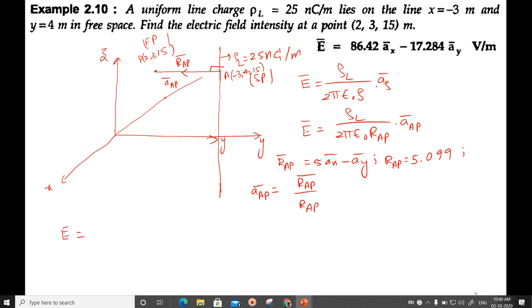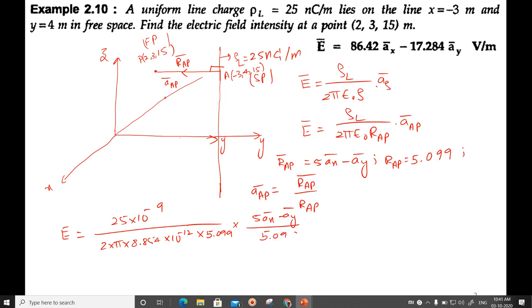So the E vector is equal to rho L. Rho L is how much? 25 nano divided by 2 into pi into epsilon naught 8.854 into 10 power minus 12. Yes, R A P. R A P is 5.099 into a A P. a A P is vector R A P, that is 5 a x minus a y divided by R A P is 5.099. So this 5.099 I will take and I will make it square.